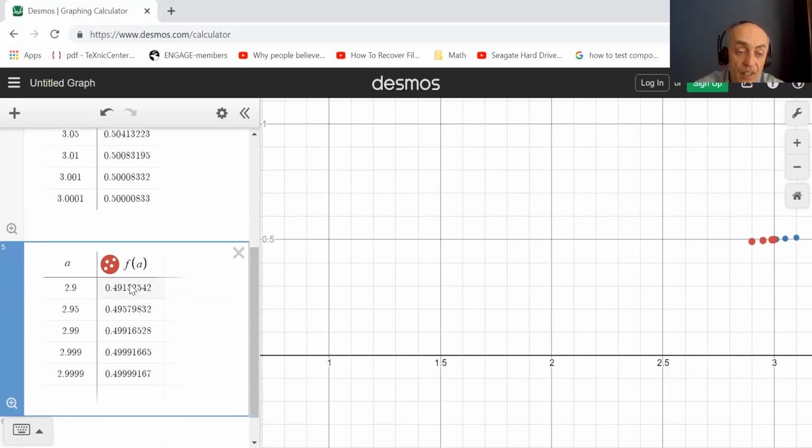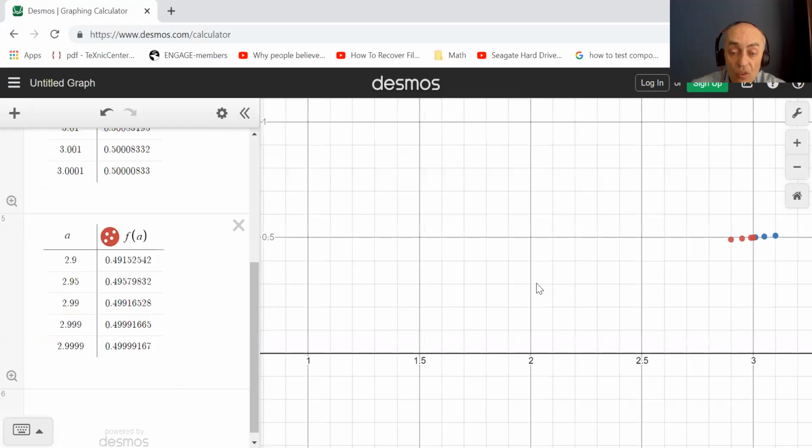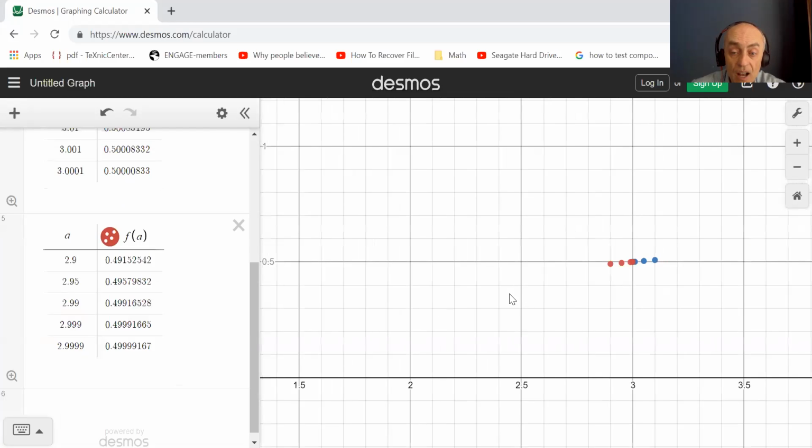Look at these numbers on the right side: 0.491, 0.495, 0.499, 0.4999, 0.49999. These numbers approach 0.5 as well. And we can say here, folks, and you can look on the graph to see what happens on the graph here.